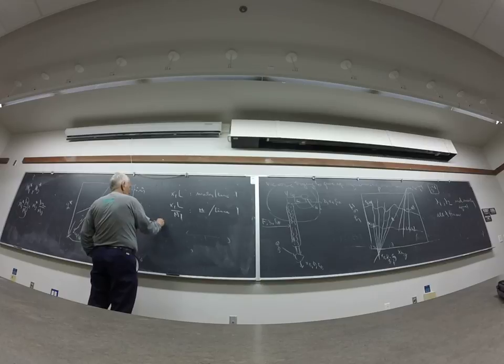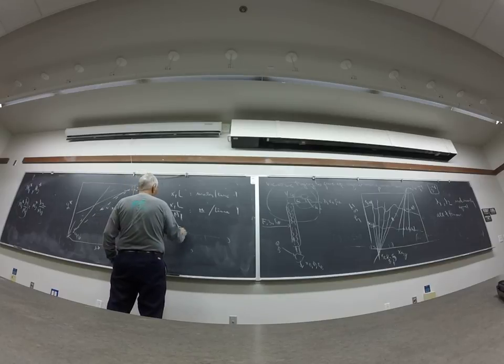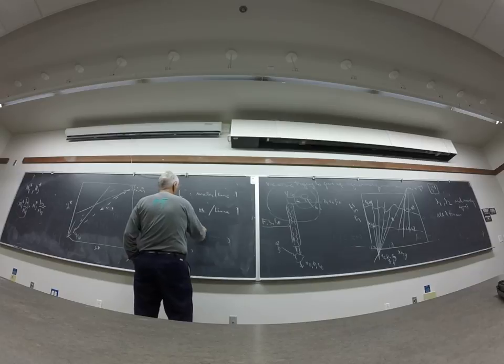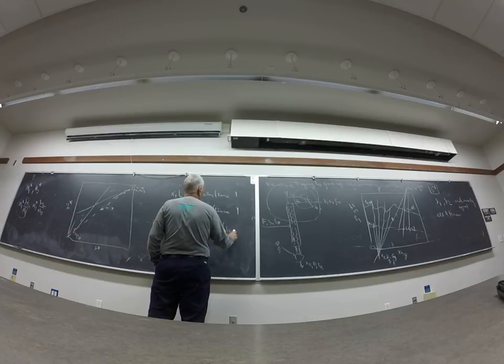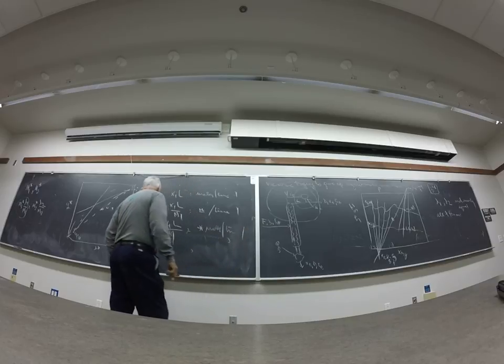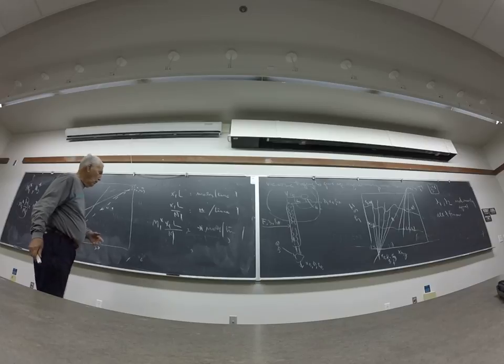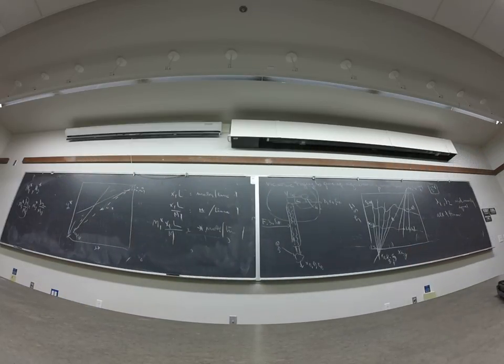M1 star X1L over M1 is going to be star moles per time of component 1. Total star moles flowing then is the sum of this for component 1 and component 2.